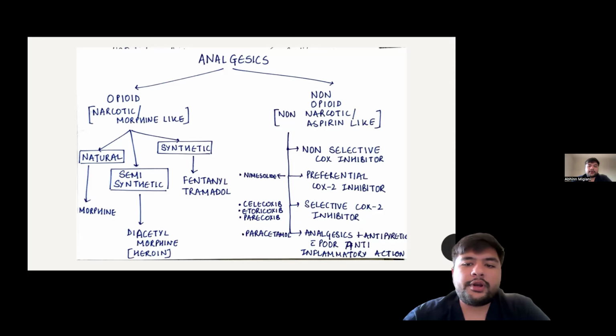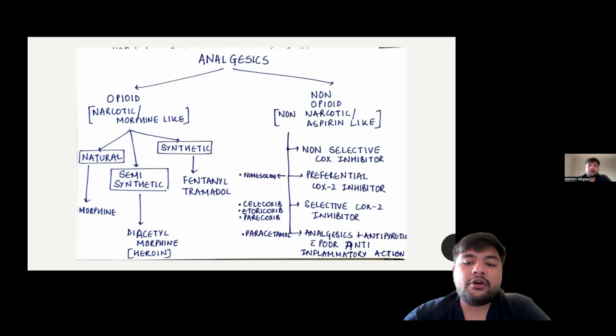In non-opioids, there are different types according to the mechanism of action each of them shows. According to the inhibition of the cyclooxygenase enzyme, we can divide them into three main subclassifications. The first one is the non-selective COX inhibitor. The second is the preferential COX-2 inhibitor, then the selective COX-2 inhibitor, and analgesics, antipyretics with poor anti-inflammatory action.